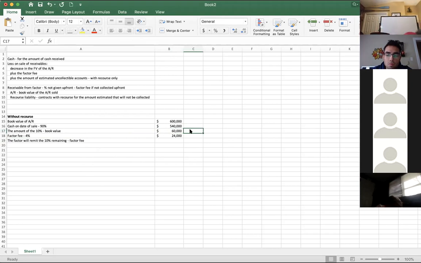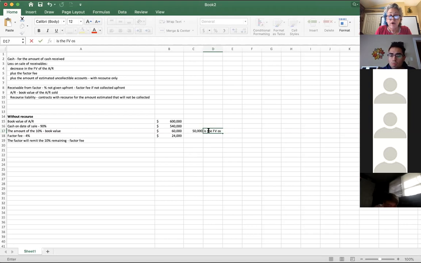Okay, so what is the fair value of the remaining 10%? How would you start to calculate that? You don't have to calculate it. It's given to you. 50,000. So 50,000 is the fair value of the remaining 10%.